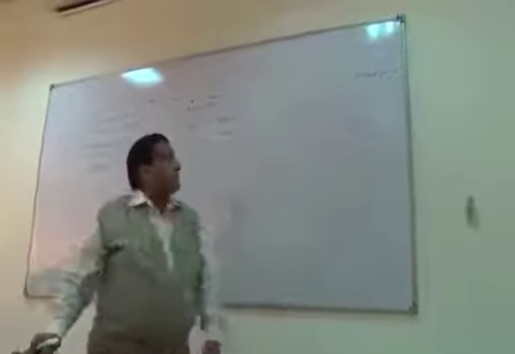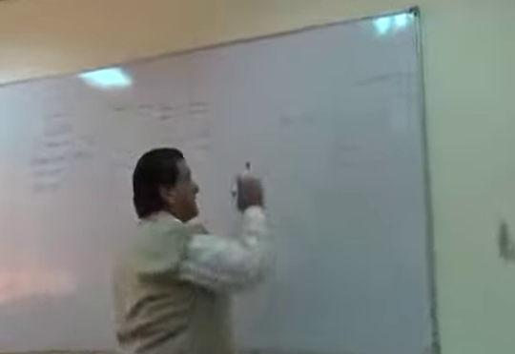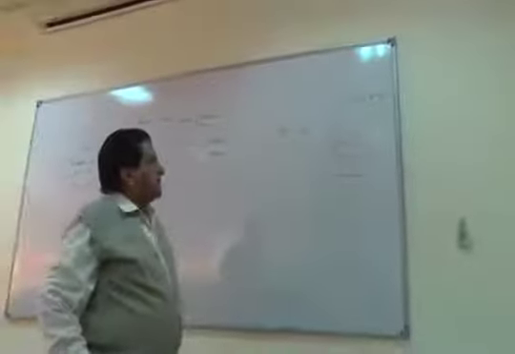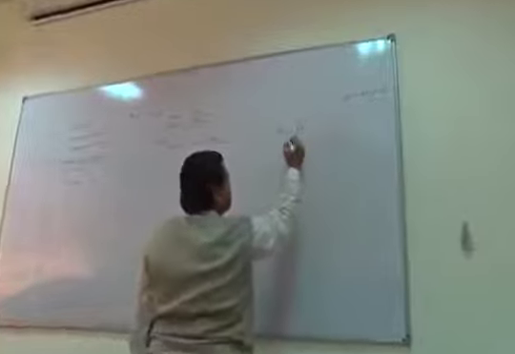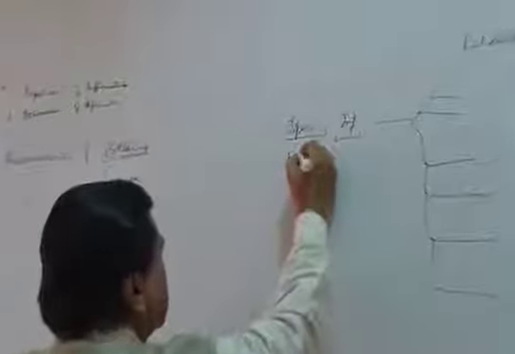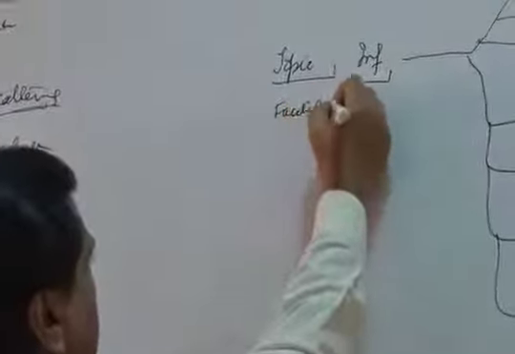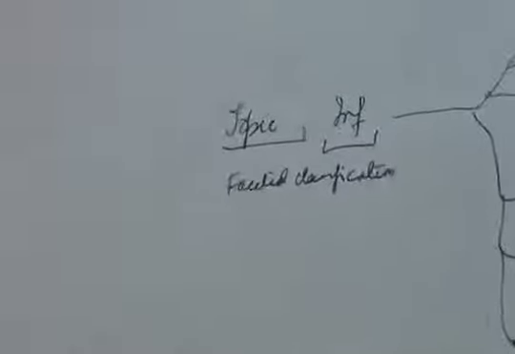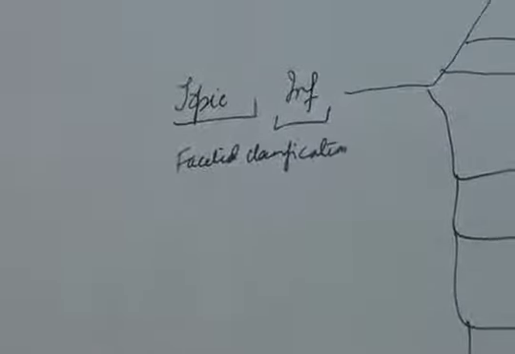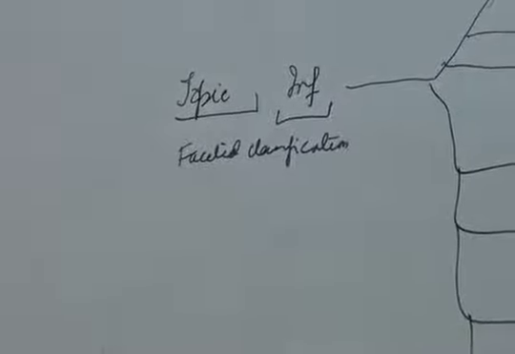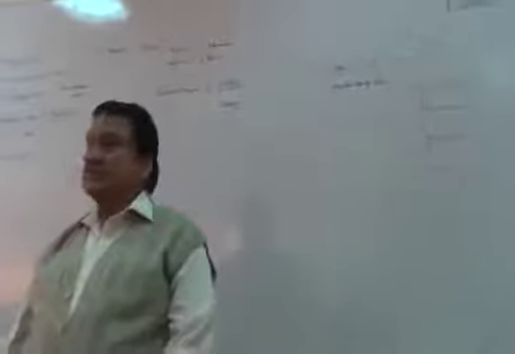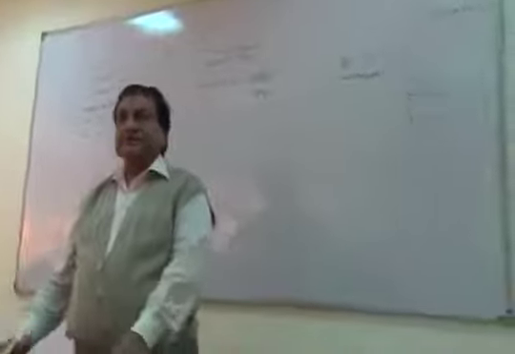For example, if I say that the topic is faceted classification. To look for the literature on faceted classification, naturally, I will look into the journals of library and information science.